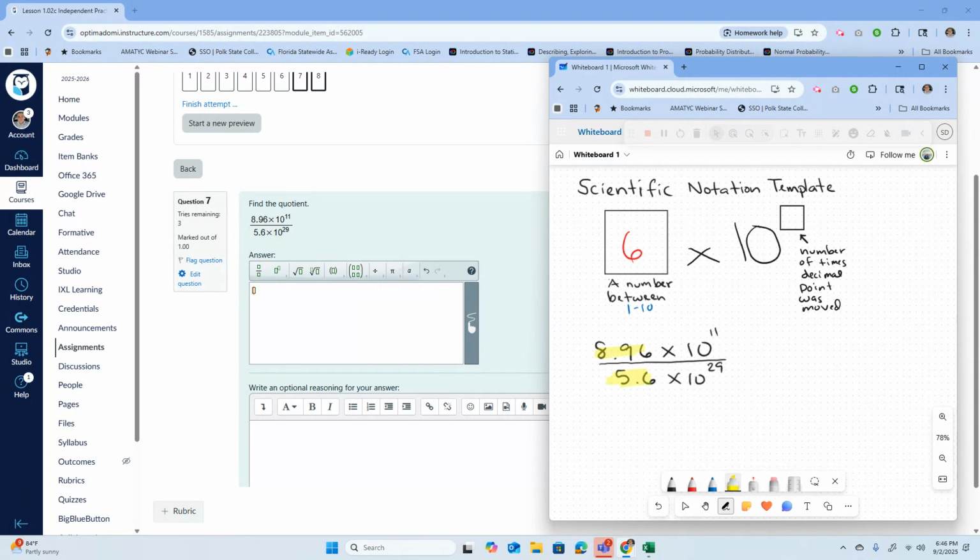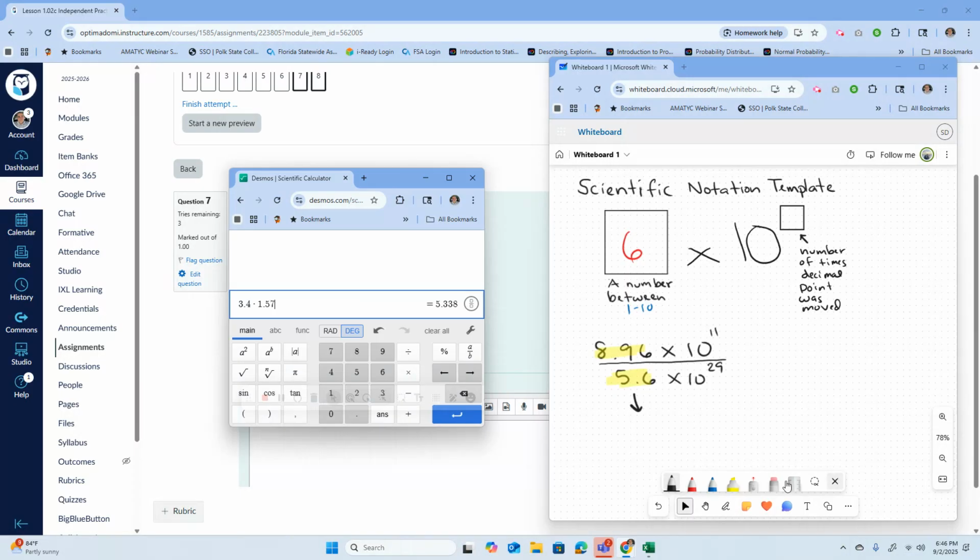So I'm going to divide 8.96 by 5.6. Now I'm going to use the calculator to do that division problem. 8.96 divided by 5.6, and I get 1.6.